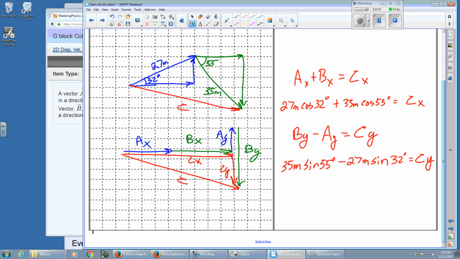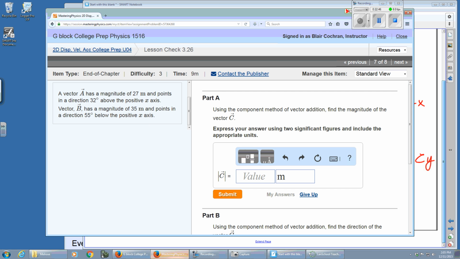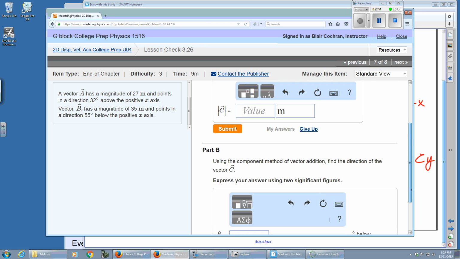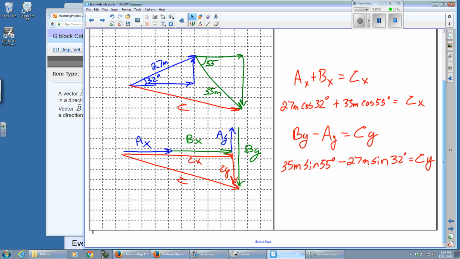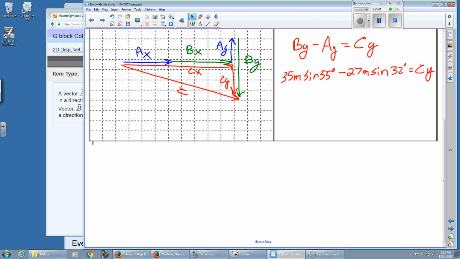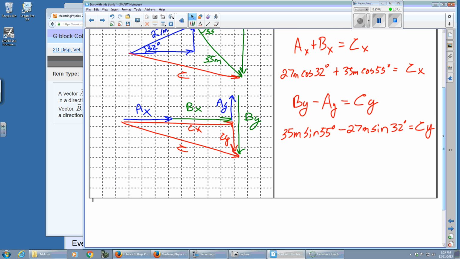Let's see, what do they want me to find out? They want me to find out the length of C and how many degrees below the x-axis. So I've set it up where my theta is below the x-axis, right? To figure out the length of C, C squared equals CX squared plus CY squared, and I would find out what C is.